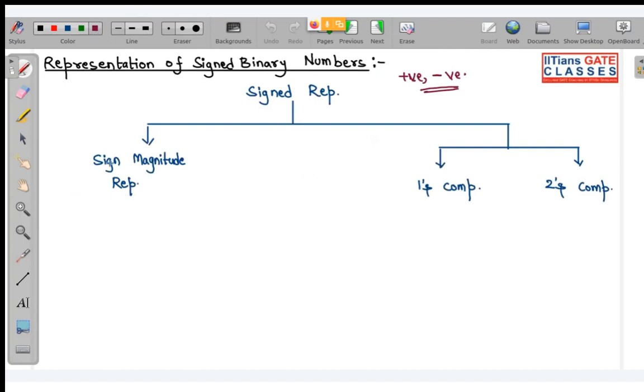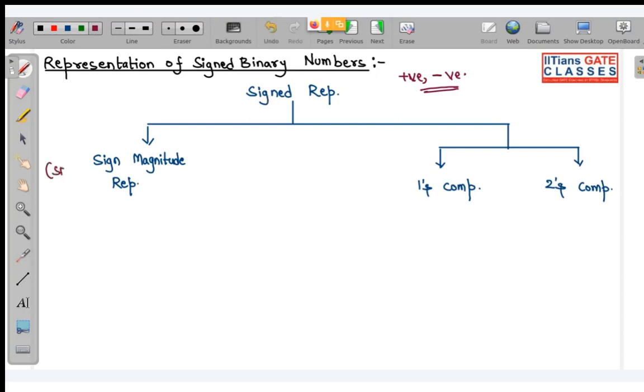So what I told you, how do we represent positive and negative numbers in binary numbers. So we have two kinds of representation.